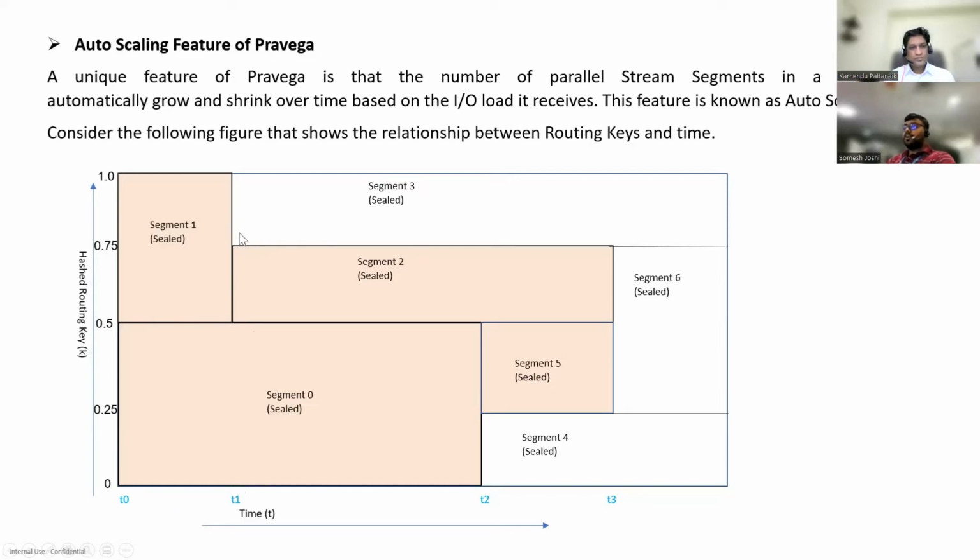And as the default behavior of scaling, the initial or parent segment 1 is sealed, which doesn't allow any new events to be populated within this segment.